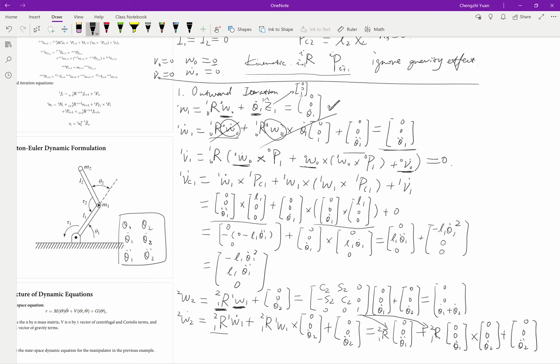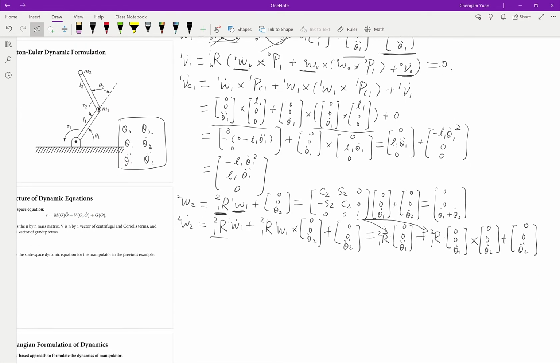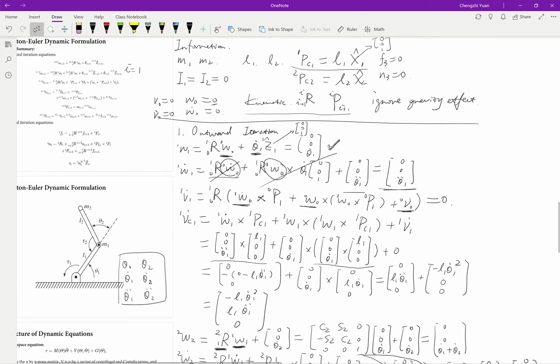Okay, then let's see how we can calculate these results. So the first term, the rotation matrix times 0 0 theta 1 double dot, will be equal to 0 0 theta 1 double dot, plus R21 times the cross product of these two terms, which will be equal to 0. Let me double check.